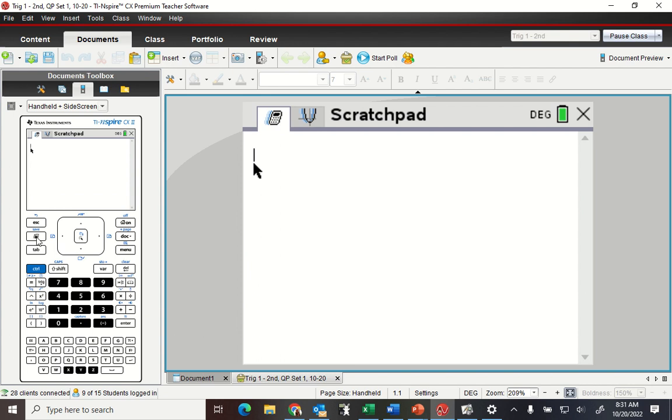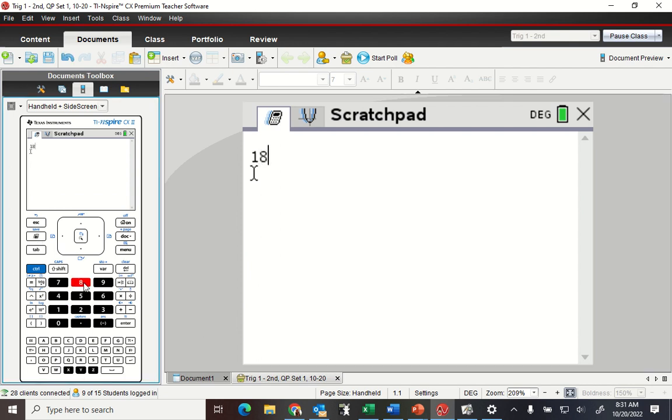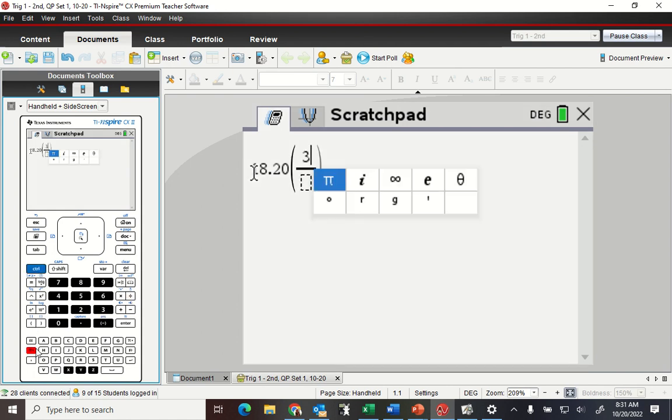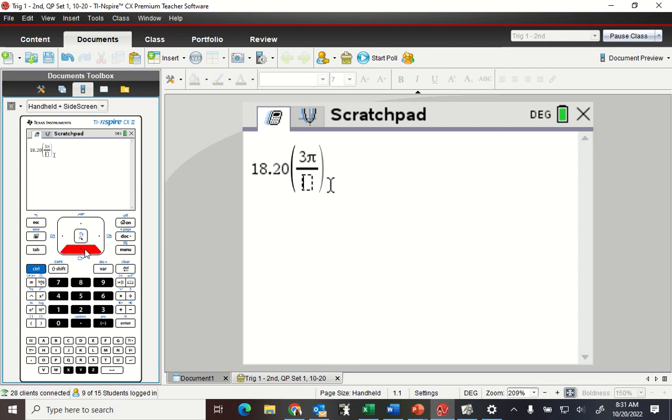All right, so it was 18.20 times, I'll do parentheses for this one, 3 pi over 8. It's 21.4. Why 4? Because you don't round up. No. Or, yeah.